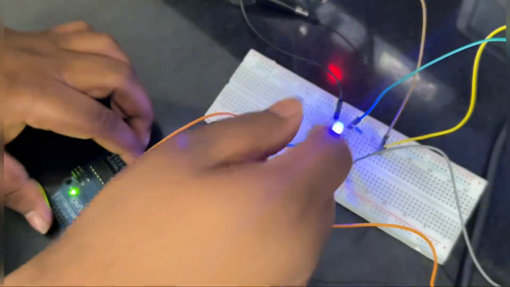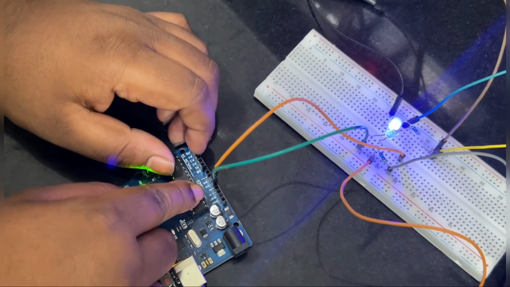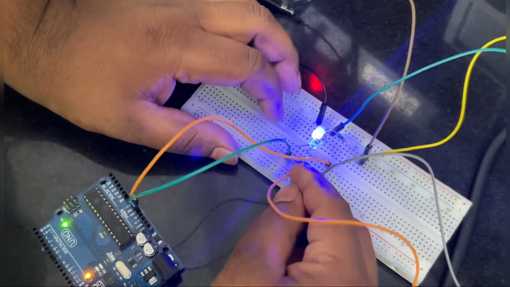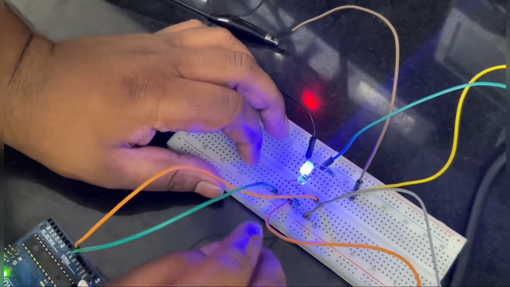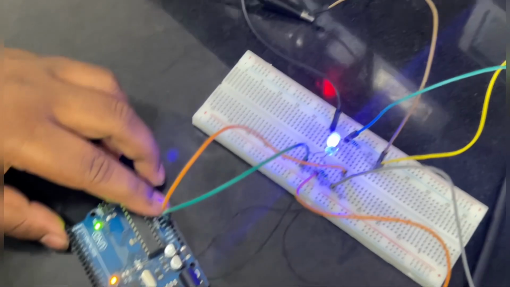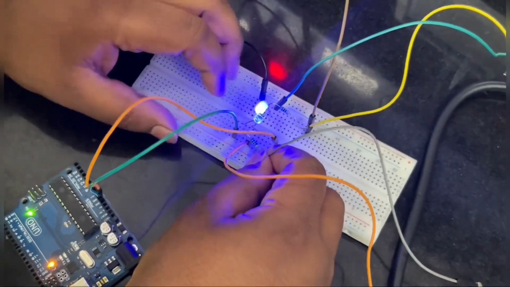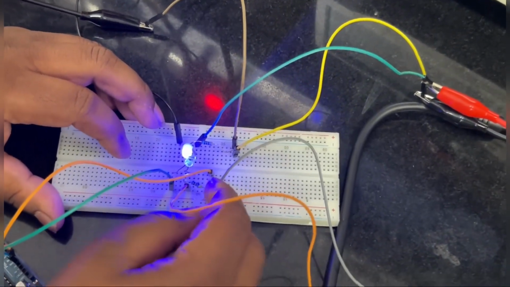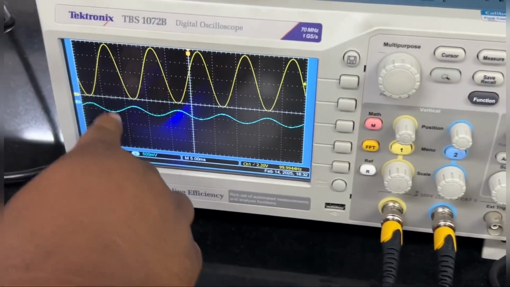The negative terminal is given an input voltage of 5 volts from the Arduino from here, and the other terminal is connected to a 10 kilo ohm resistor, and that 10 kilo ohm resistor is connected to the ground of the Arduino wire, this orange wire. The output of the LDR is taken across the 10 kilo ohm resistor all the way to channel 2, and the graph is shown here.